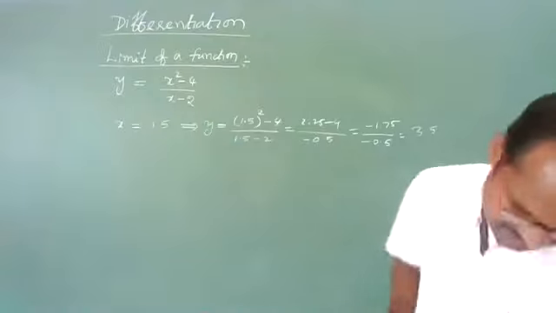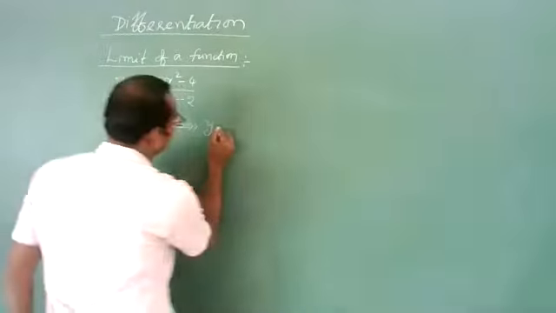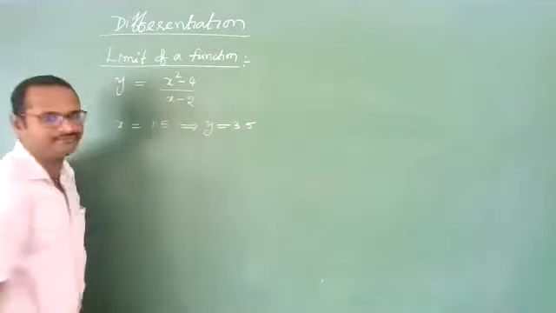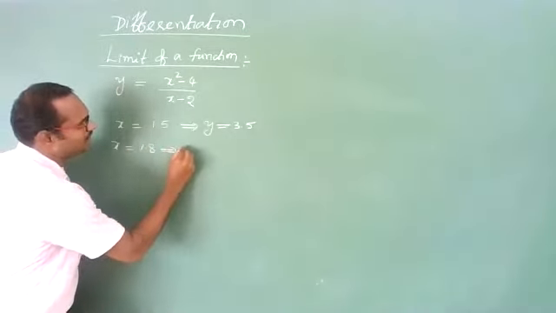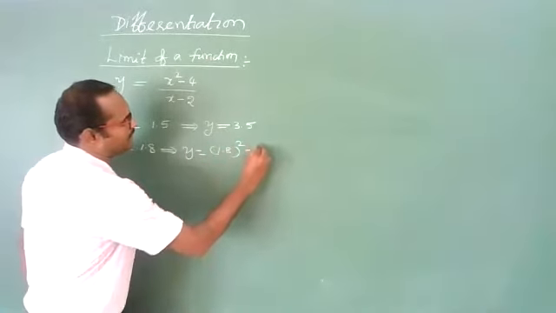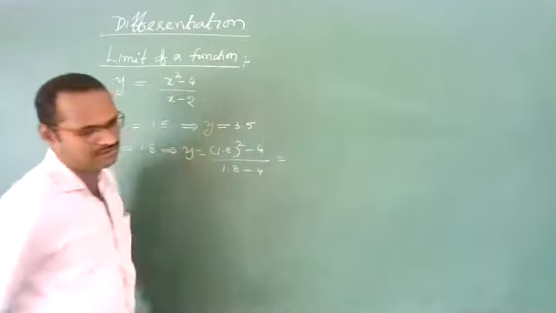Now I'll rub this all. I'll write here: for x equal to 1.5, you will get y value as 3.5. Now let us take x equal to 1.8. What will you get as the y value? 1.8 squared minus 4, divided by 1.8 minus 2.